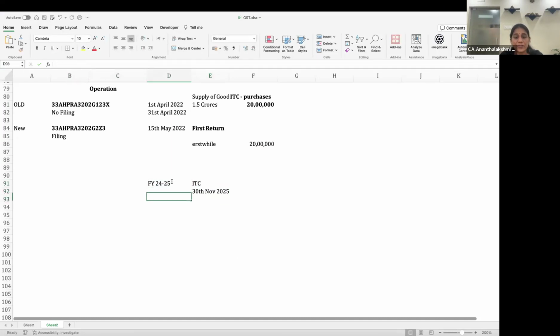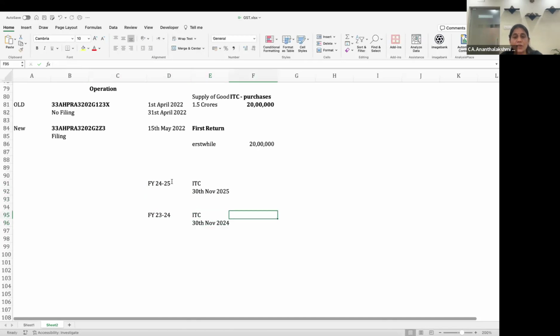For the financial year 23-24, whatever ITC you have missed to claim earlier that pertains to 23-24 can be claimed before 30th November 2024.